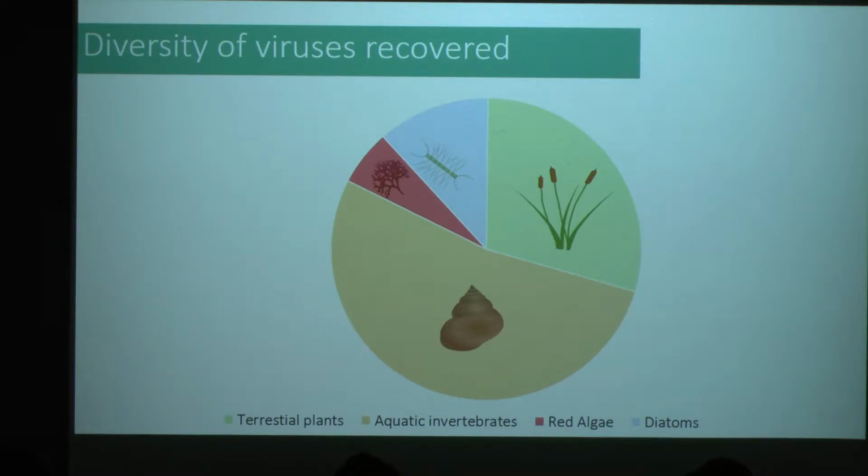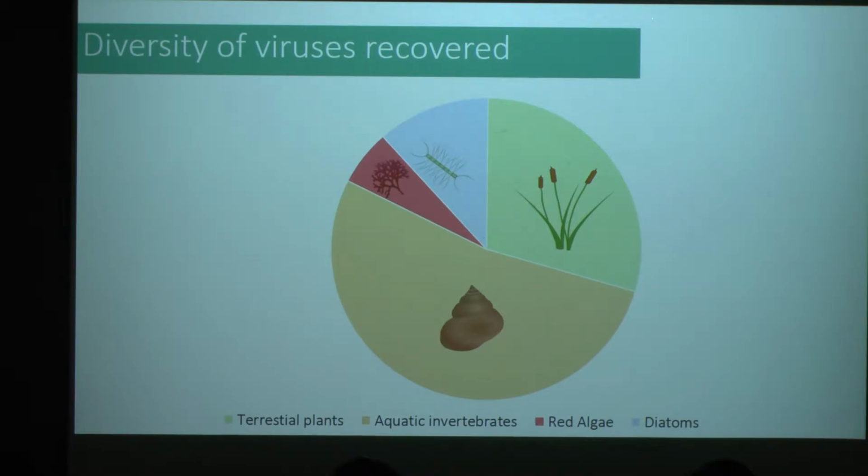The highest diversity shown was for aquatic invertebrate viruses. But as I mentioned, these came from plants. So how come they came back as sequences from aquatic invertebrates? These are the closest neighbors, and that doesn't necessarily mean that they were from invertebrates.